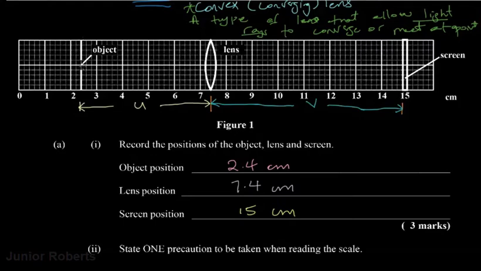It is 2.4 centimeters, and the position of the lens is 7.4 centimeters. How could we calculate this object distance u, the distance from our object to our lens, knowing the two positions of the object and the lens?